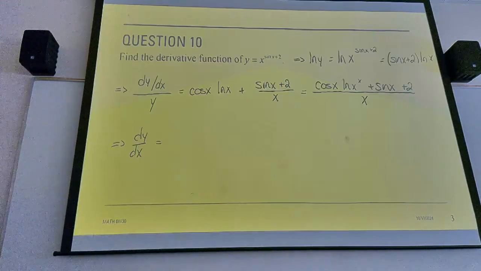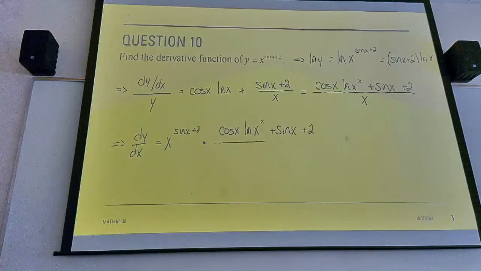But y was what? x to the sine x plus 2. Above, the derivative of the natural log of x was 1 over x.